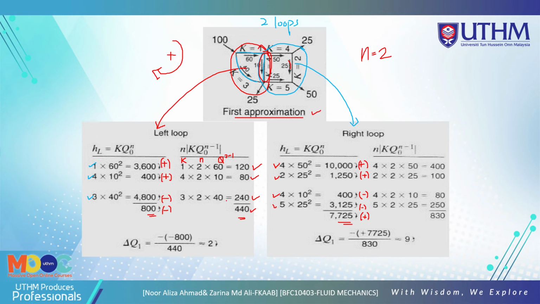Now after you get this one, you must use the delta Q, actually delta Q1, for the first assumption. This is negative here, and this is also negative, so just divide by the value here.